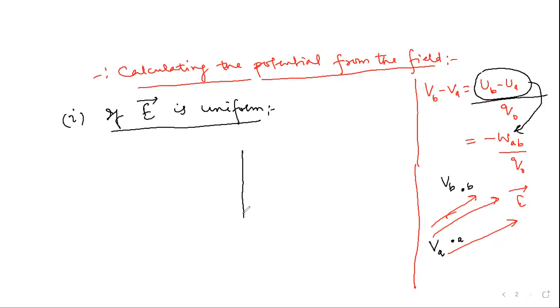You know, the uniform electric field is represented by straight, equally spaced lines of force. So let there be uniform electric field E represented by these lines of force. Electric field is pointing downward, right? So it is uniform. I've shown it by straight lines of force equally spaced.